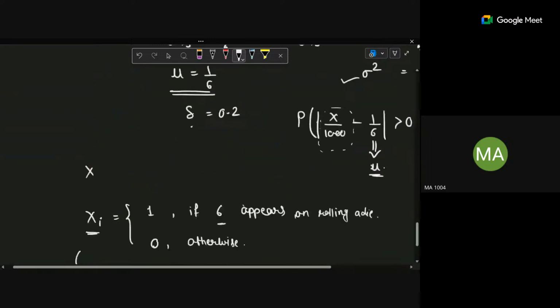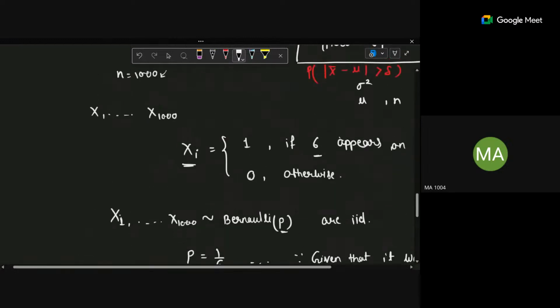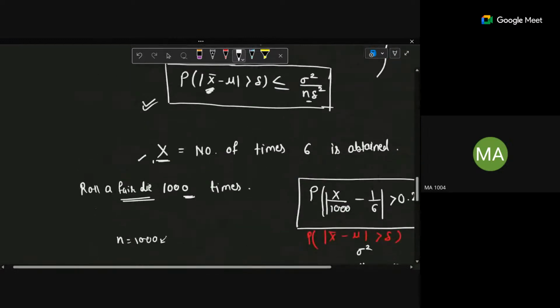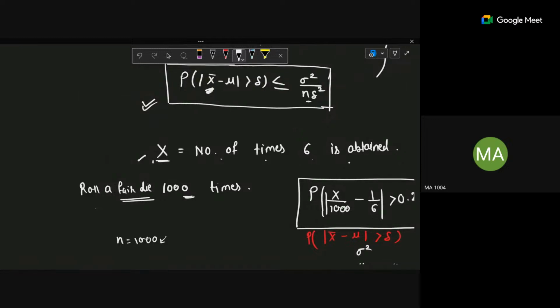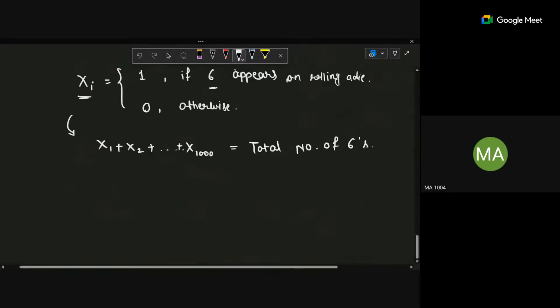Then just check, one random variable was given to us. That was x, the number of times 6 is obtained when you roll a fair die 1000 times. So can I say this is nothing but x? Do you agree?